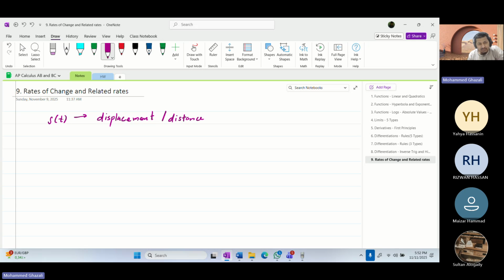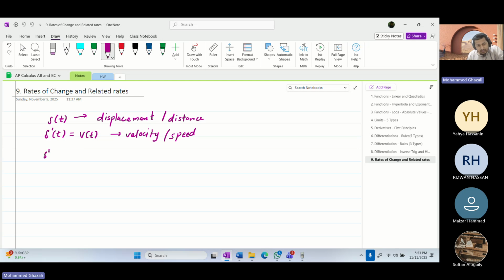If you find the derivative, S prime t, we get V of t. V of t is velocity, or in loose terms, speed. Remember, displacement and velocity are vectors. They have direction.